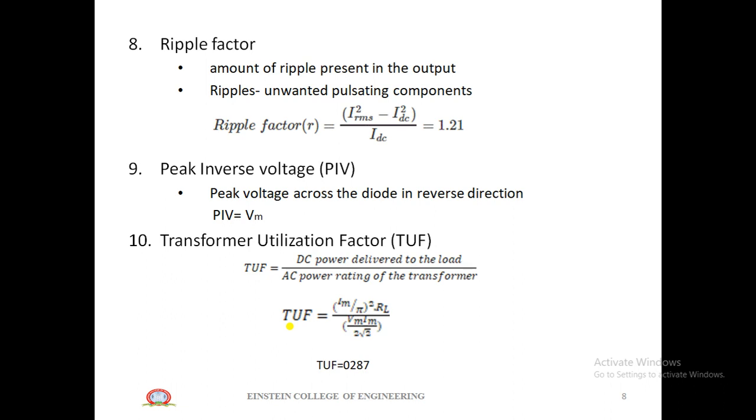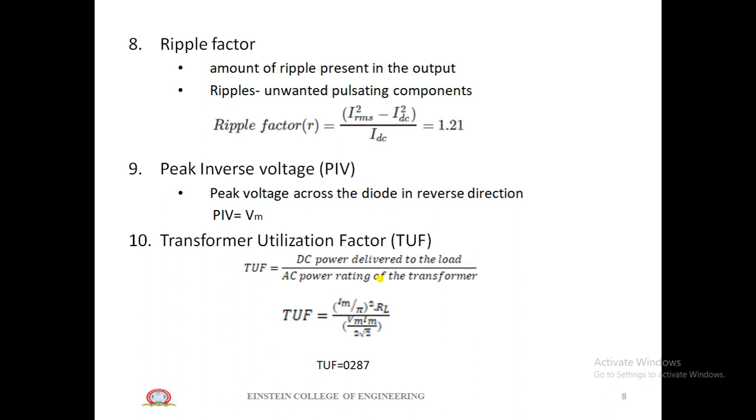And the last one is the transformer utilization factor. It is the ratio of DC power delivered to the load to the AC power rating of the transformer. DC power delivered means IDC square into RL, so you can substitute this value. And AC power is V into I. For V, it is a sinusoidal waveform, so you can substitute Vm by root 2.